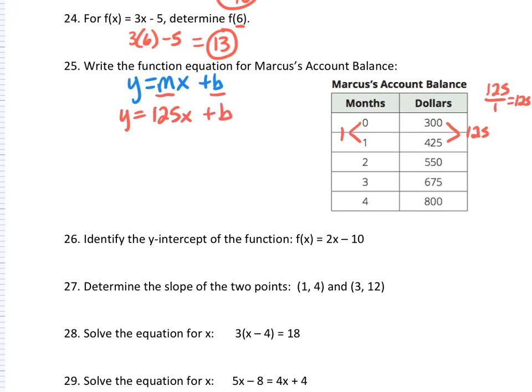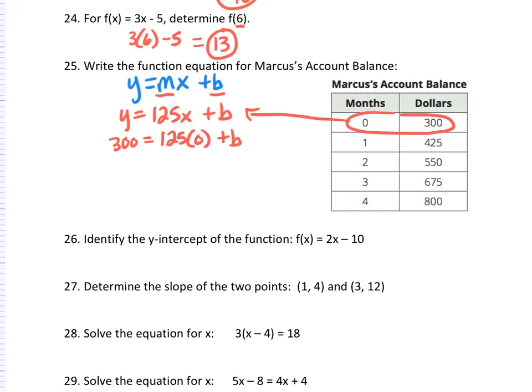Now, we need to get the y-intercept. So I'm going to choose a random point over here, whichever point I think looks the easiest, and plug it in so I can get my y-intercept. I think 0 and 300 looks the easiest, so I'm going to plug those in. The 0 is my x, and the 300 is my y.